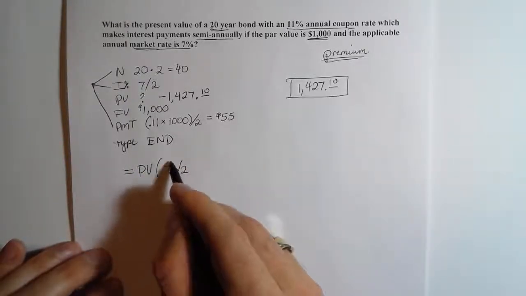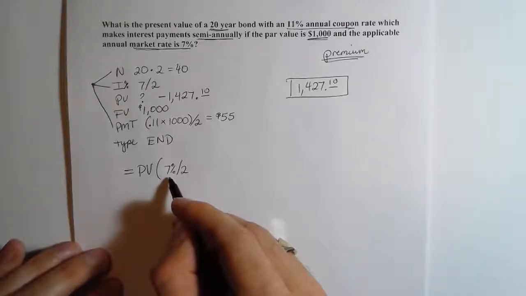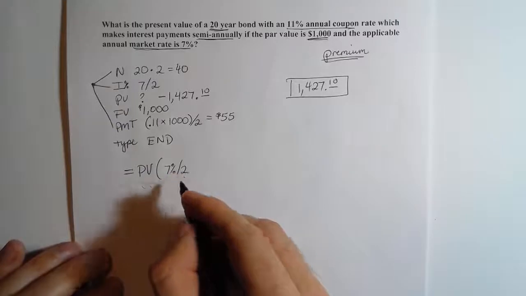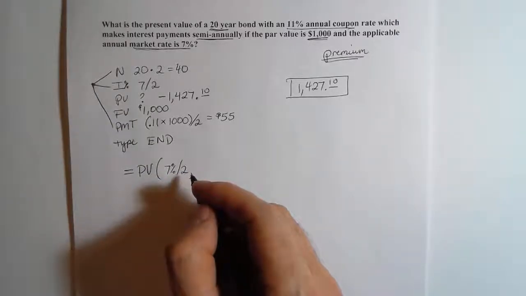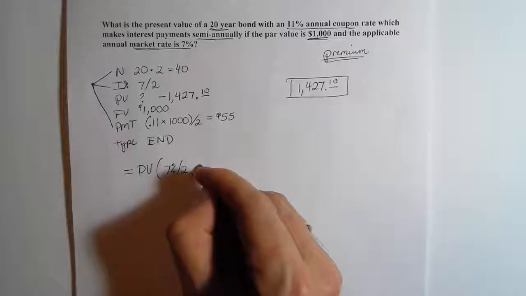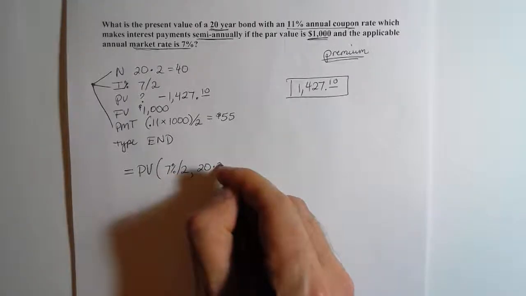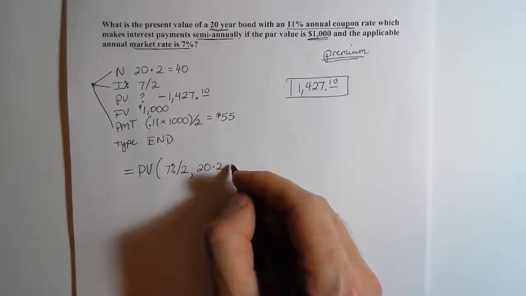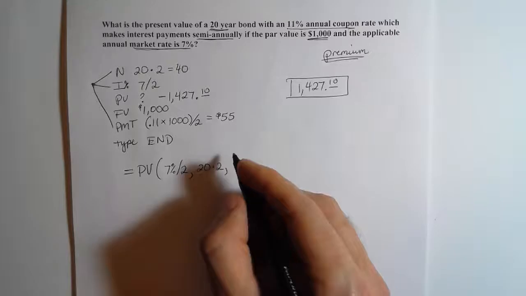Or you can convert this into decimal format, 0.07, and then divide by 2, or actually work that out and put the number in. Then the next thing it is asking for is the number of periods. For the number of periods, we could do 20 times 2, which is of course 40 periods. The next thing it is asking for is the payment per period, which we found up here, and that's 55.